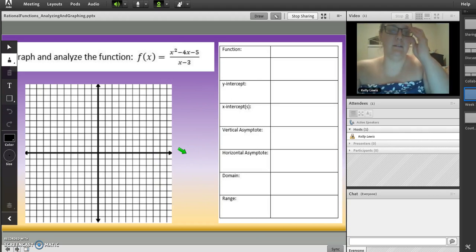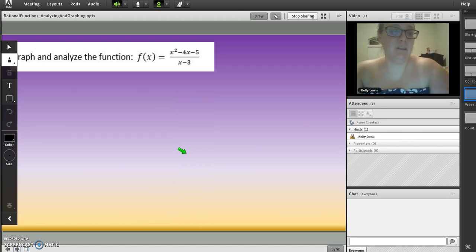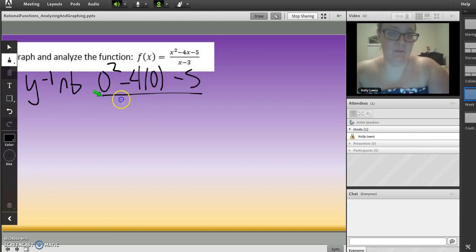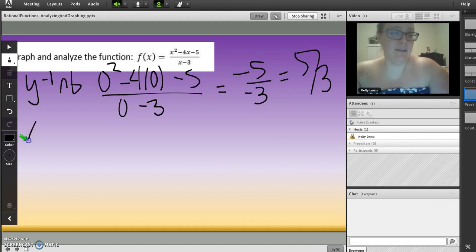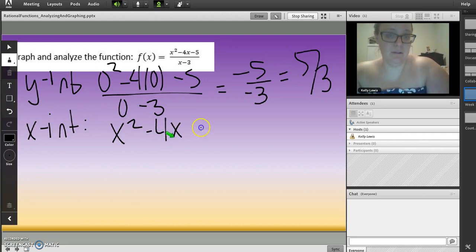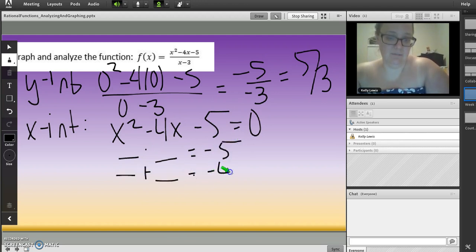Right, and so y-intercept, so this guy, I'm going to go to the next page and do some work. So y-intercept is when x is 0. So 0 squared minus 4 times 0 minus 5 over 0 minus 3. So we get -5 over -3, 5/3. X-intercept is when you set the top equal to 0 and solve. 5 and 1 add to give me -4, negative.